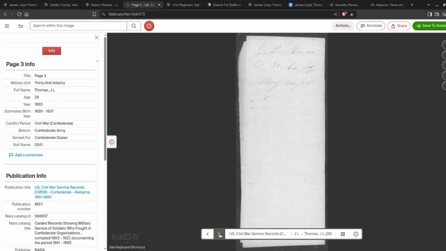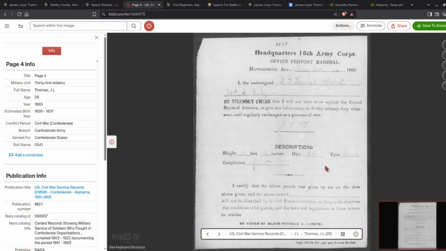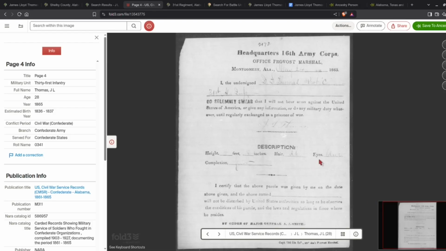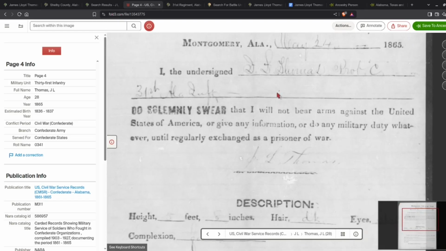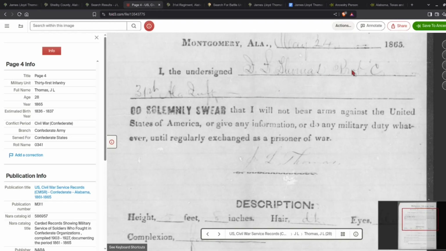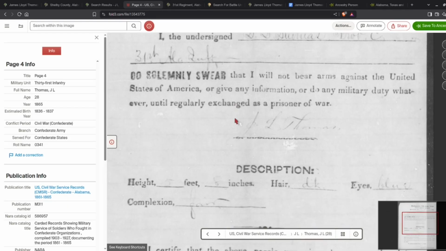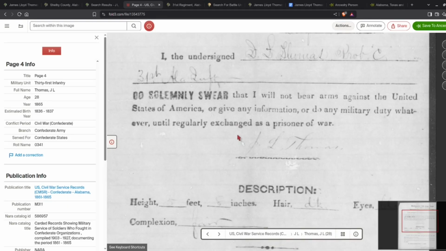Okay, so that's just a note there. All right, so this might be part of the prisoner of war record. Okay, it has, let's look. All right, so yeah, this is part of his prisoner of war record.